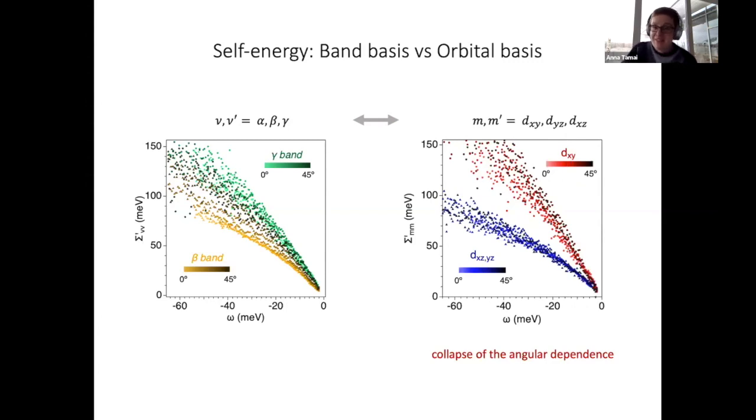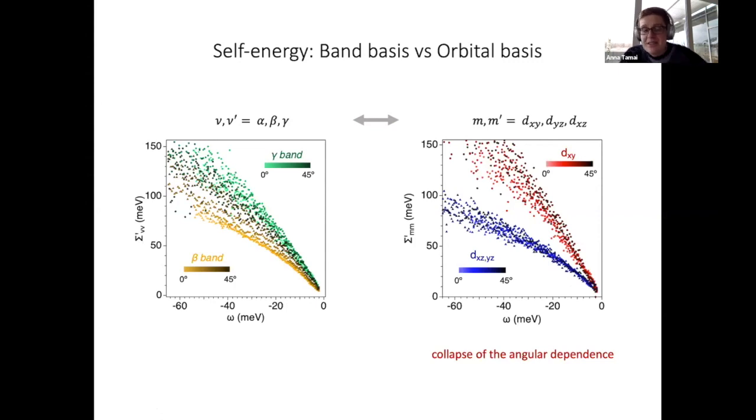Okay, now that we obtained the self-energies in the orbital basis, we can look at the frequency dependence of these self-energies, and you see that, it's a bit hidden by the several windows on the side, but this self-energy has a stronger frequency dependence. It's linear only at very low frequency, and then it bends and it changes shape.